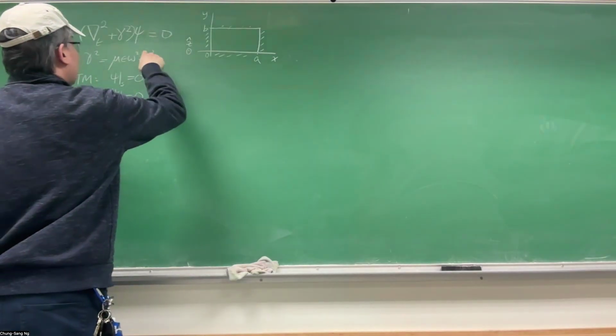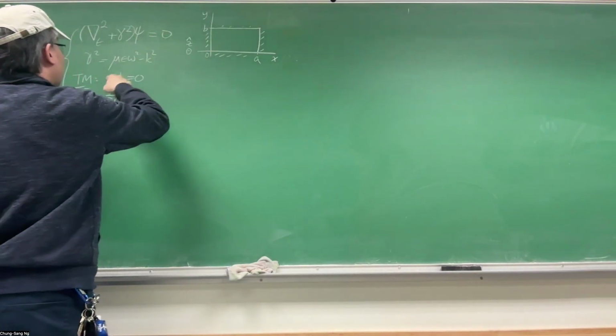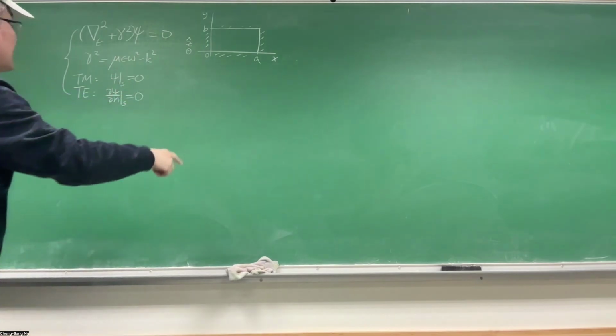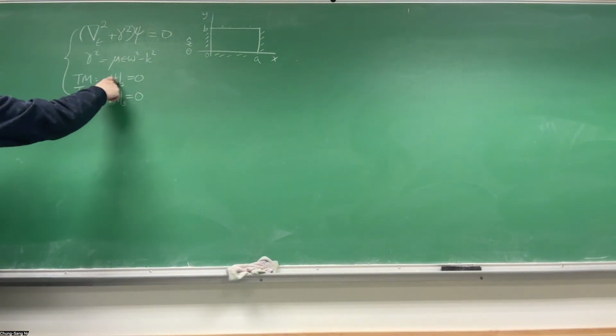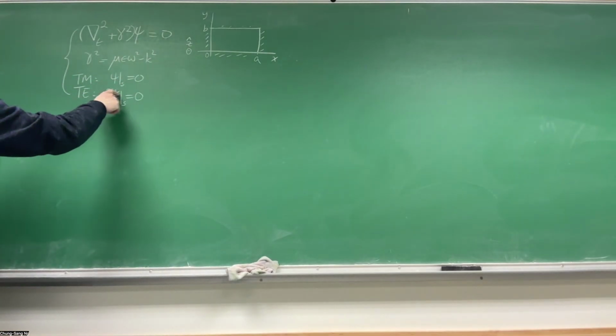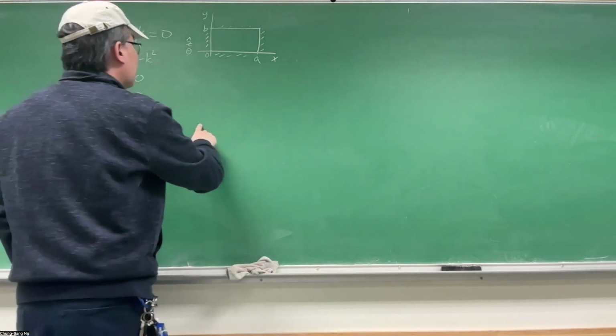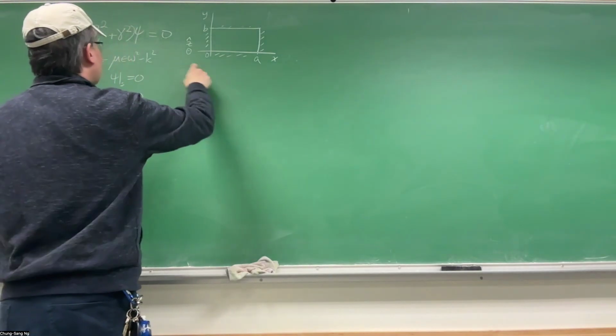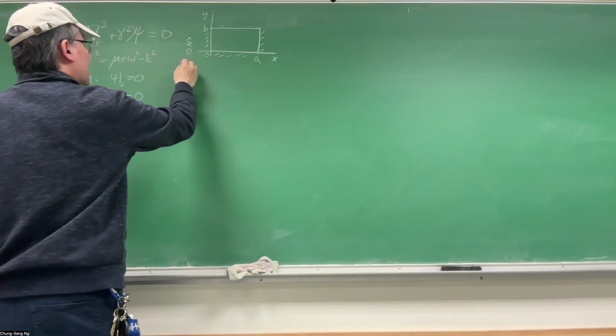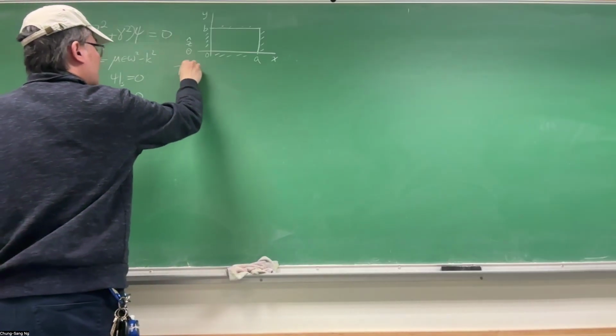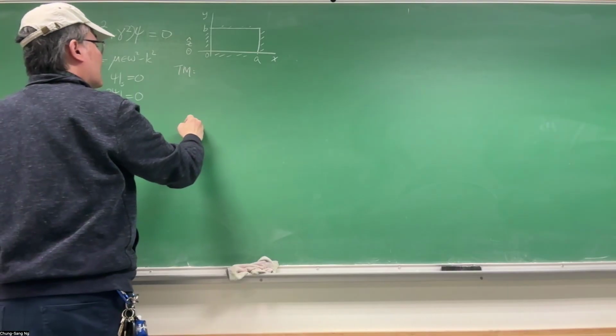So this psi is the Z component. For TM this would be Ez, and for TE psi is Bz. Right. So the solution for TM is easier. This is the boundary condition.